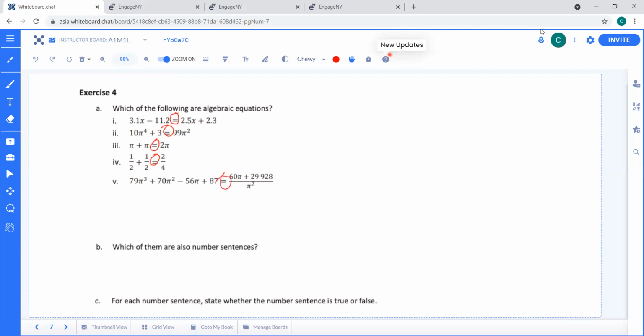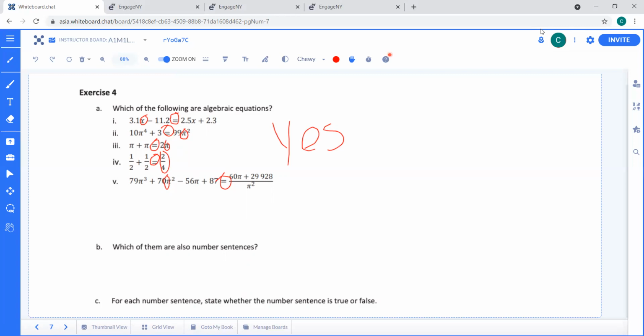These all have equal signs. Okay. Do they have variables? All of these have some form of a variable, whether known or unknown. They have numerical expressions. So yes, all of those are algebraic equations.